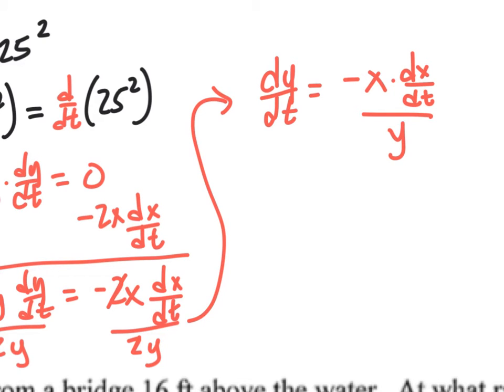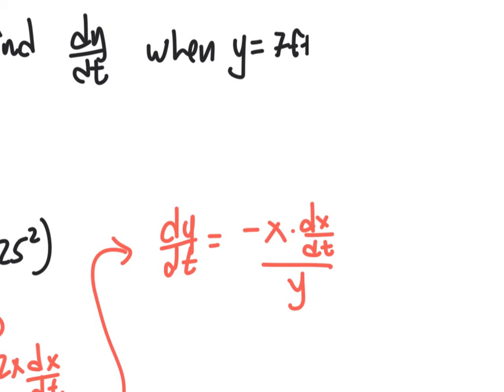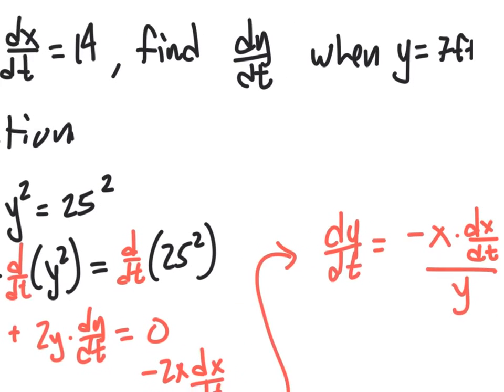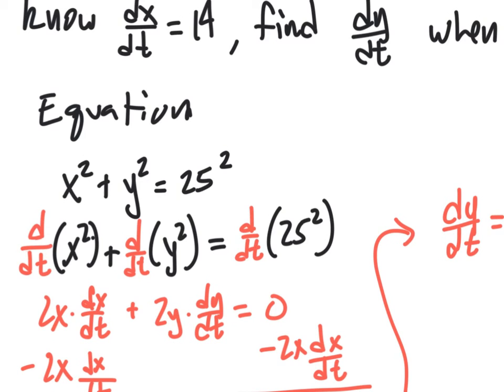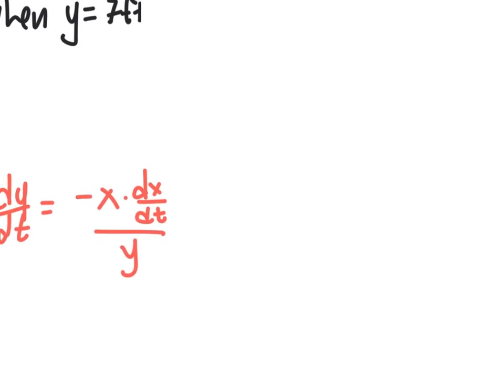Now I want to plug in those values and see what we get. I know that y is 7 feet and that dx/dt is 14, but I don't know what x is. If I use my Pythagorean theorem equation, I can figure out what x is. What's x when y is 7 and the ladder is 25?